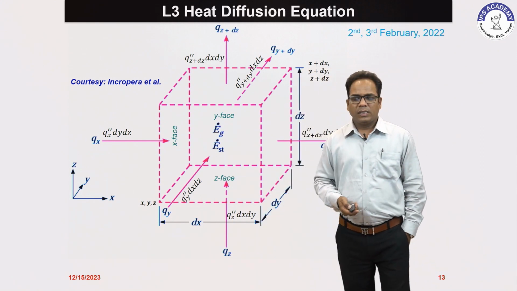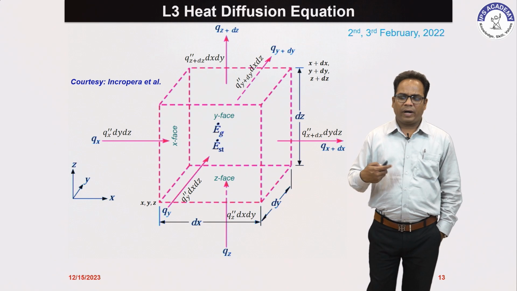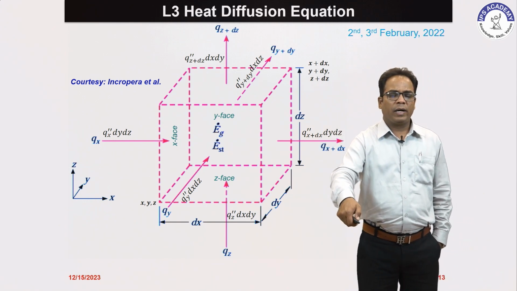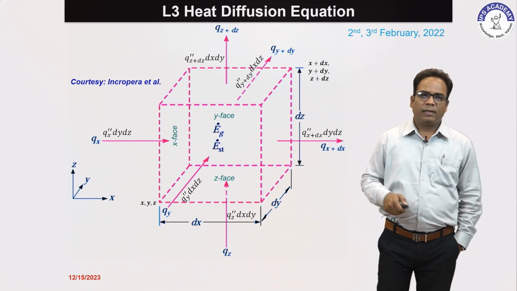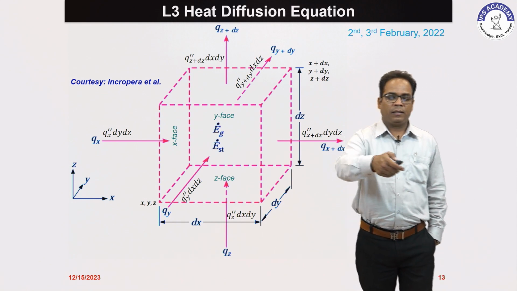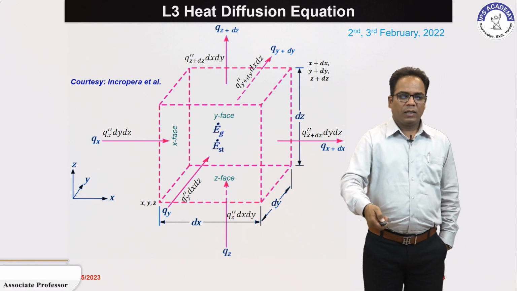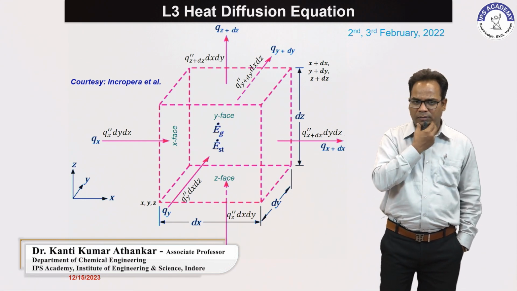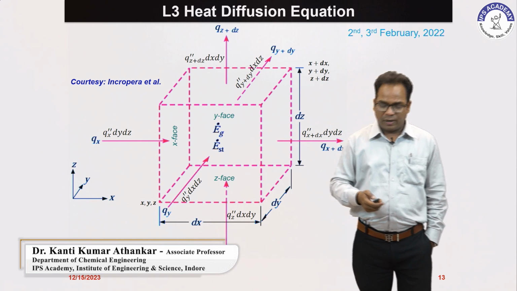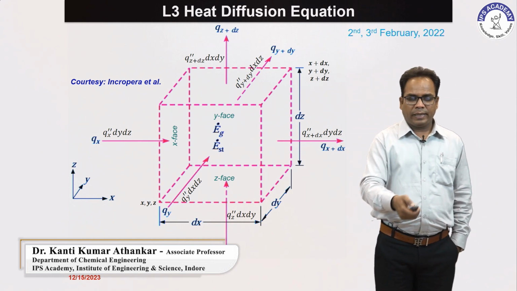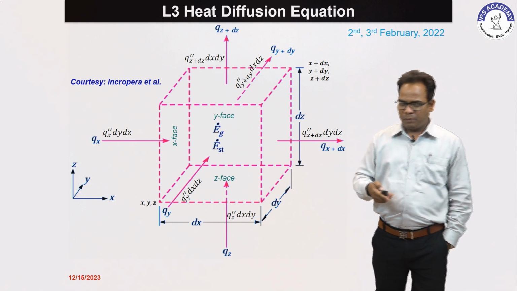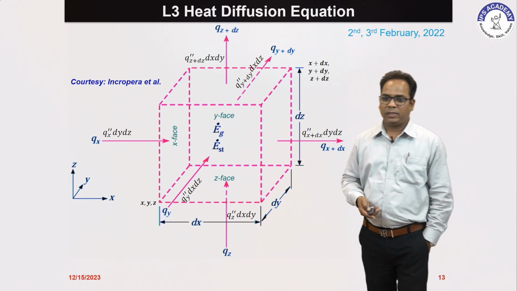Similarly for the y phase, we have q double prime y, times dx into dz, and this is the rate of energy in through the y phase, and this is the rate of energy out through the y plus dy phase. And this is the rate of energy which enters through the z phase and leaves from the z plus dz phase.